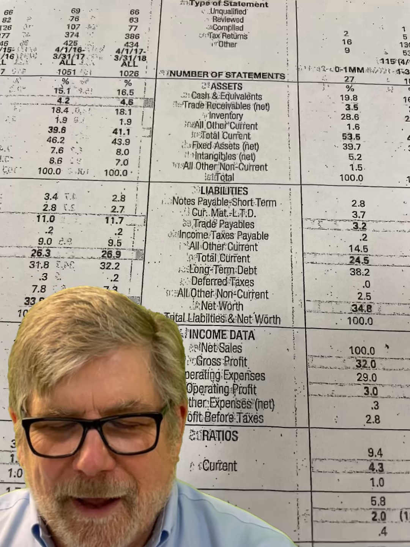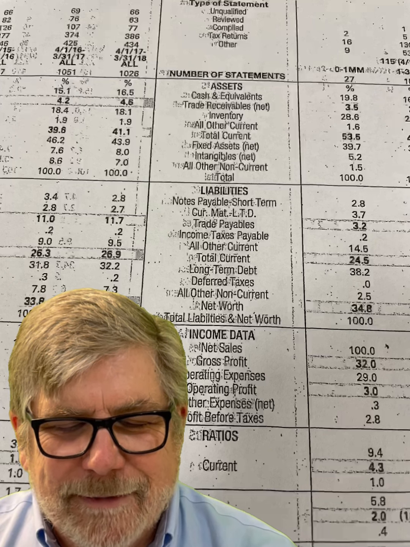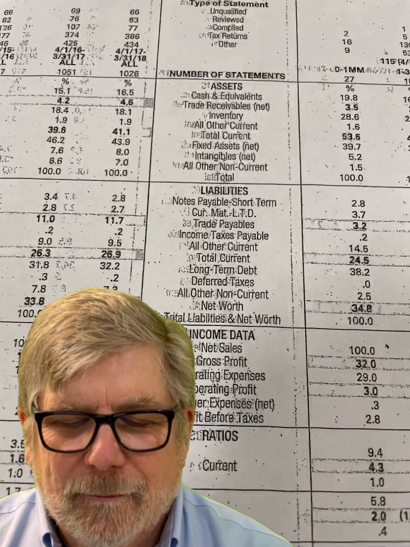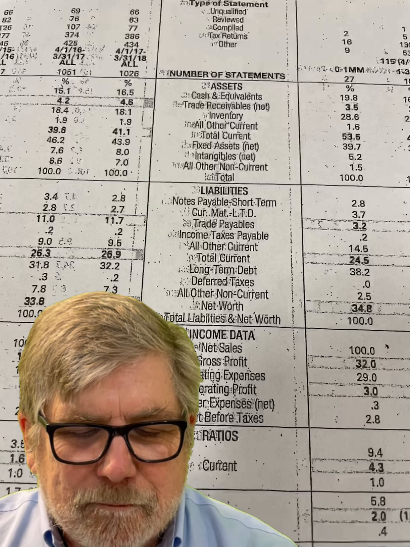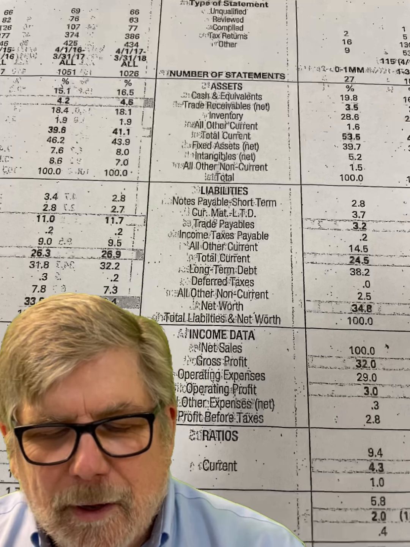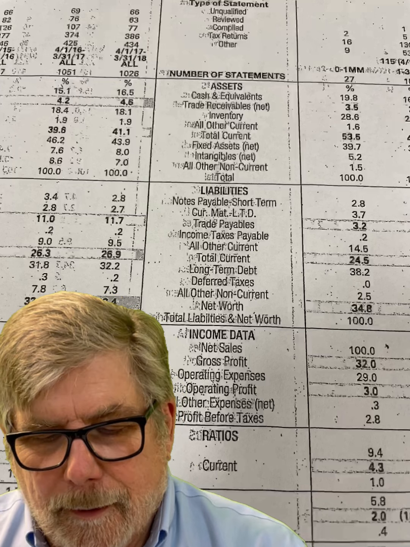At the very top of the page, you want to look at the right side of the page, and you'll see current data sorted by sales. They give you the number of financial statements, and then the range of the sales of those statements. It usually starts out with 0 to 1 million in sales.